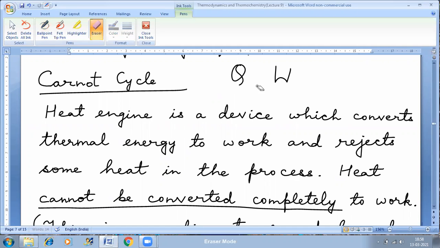Means what? A heat engine absorbs heat. That is Q is heat. And after absorbing heat, it will convert that heat partially to work. So some work will be done by it because it has absorbed the heat. And some portion of that heat will be rejected or released to the surroundings.